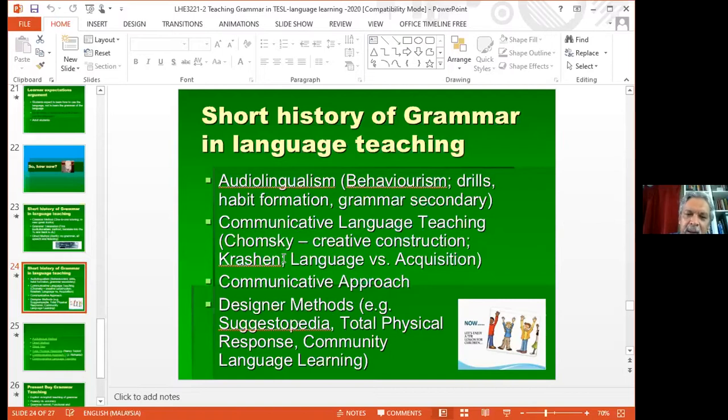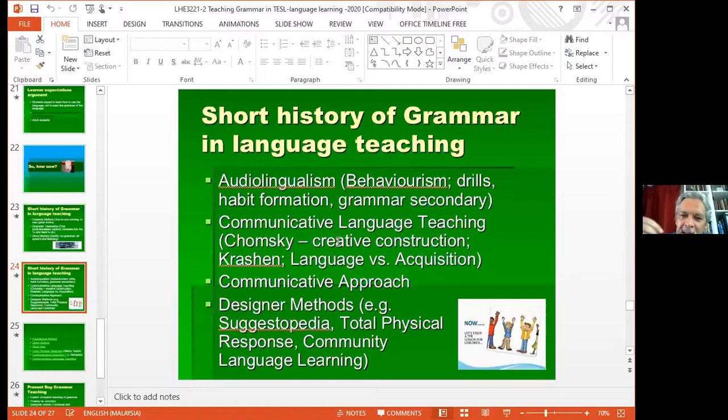And this is what Krashen picked up on. Many teachers were happy with this idea because with this idea, drills and practice will not become central. It can still be used, it can still be important, but it will not be central. It will not be like everybody has to do just drills and practice.